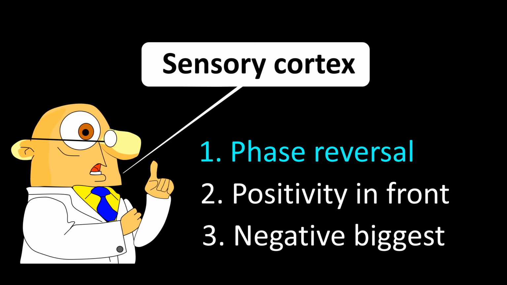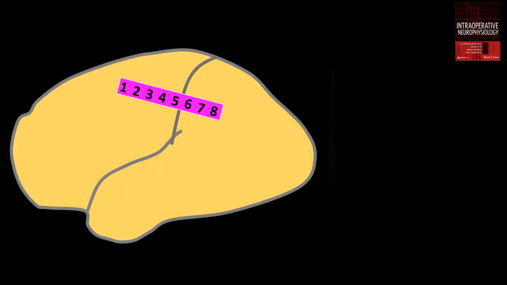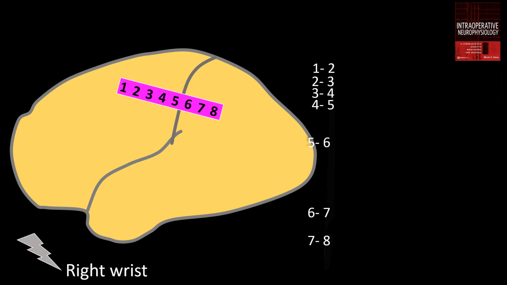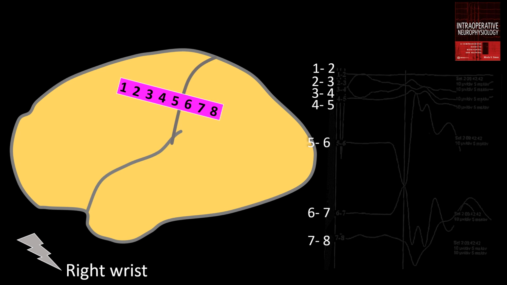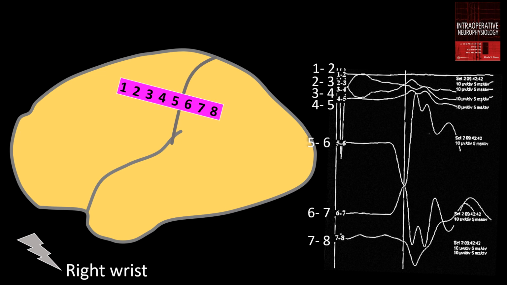Let's look first at the phase reversal. Once the strip of electrodes is placed going across what we believe is the central sulcus, a bipolar montage is constructed connecting electrodes in the chain. One is connected with two, two is connected with three, and so on. Then the opposite wrist, in this case the right wrist, is stimulated, and the waves are recorded as you can see.